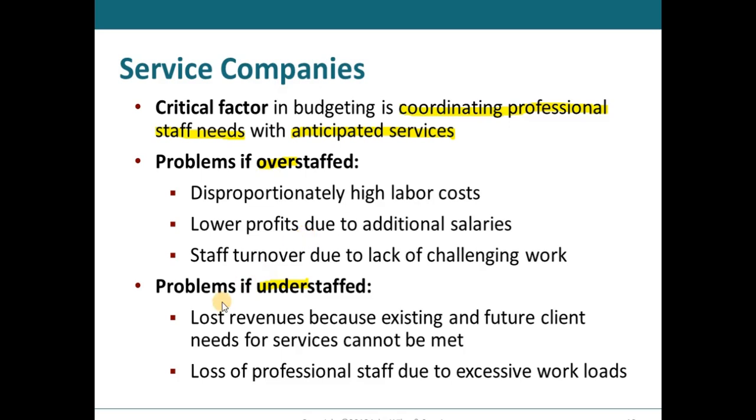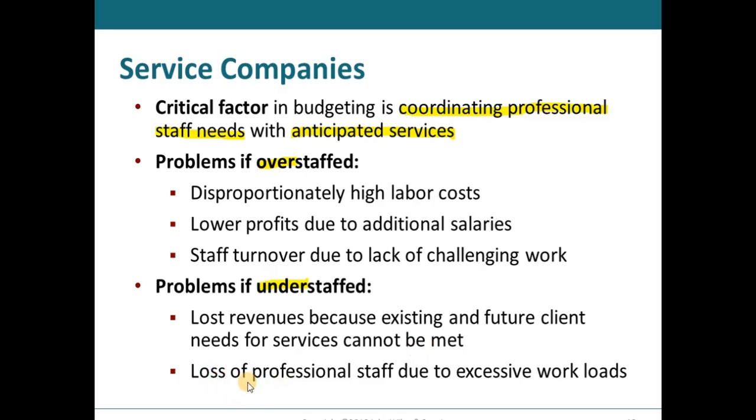On the other side, problems if understaffed. If the professional staff is understated, there are lost revenues because existing and future client needs for service cannot be met.